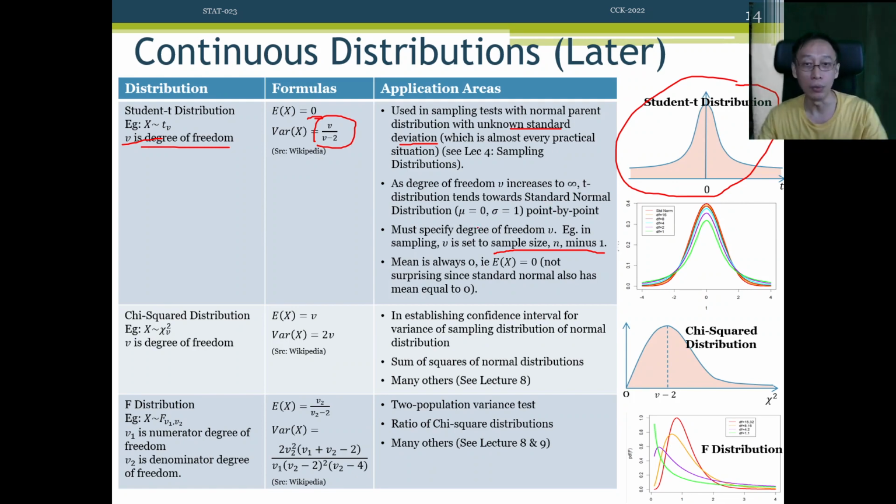Not all other normals, but standard normal, because the mean has to be 0 and the sigma is 1. As nu goes to infinity, it's like 1 million over 1 million minus 2, so it's basically 1. From the standard deviation perspective, we see that it is already closing in. And it is indeed true that when nu increases to infinity, T becomes standard normal.